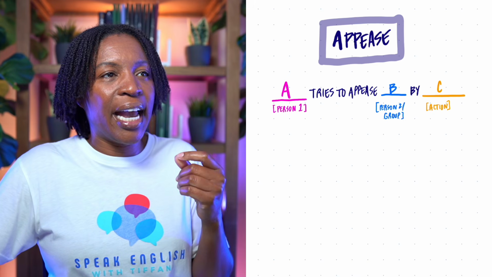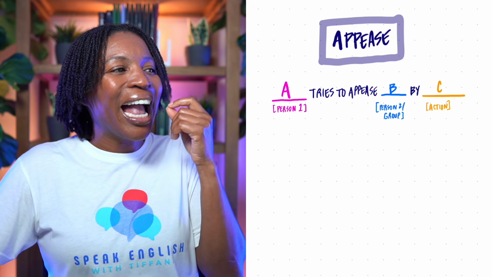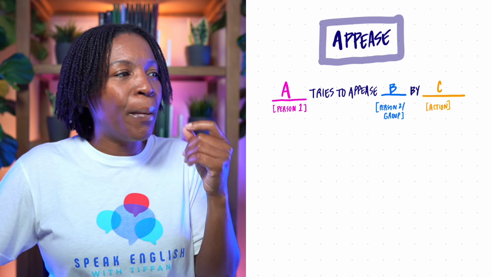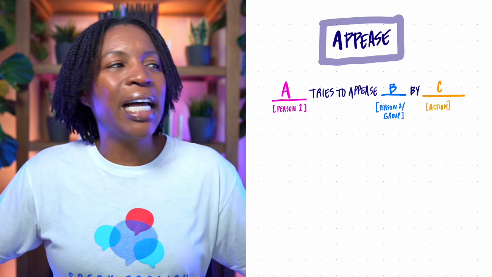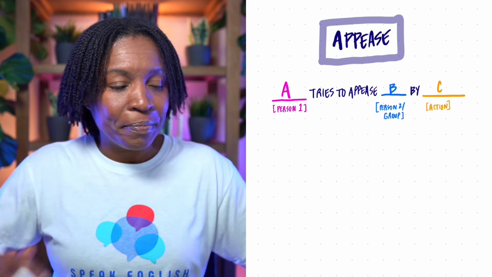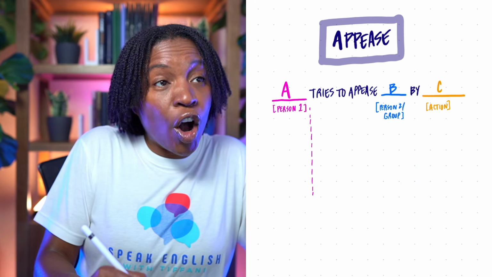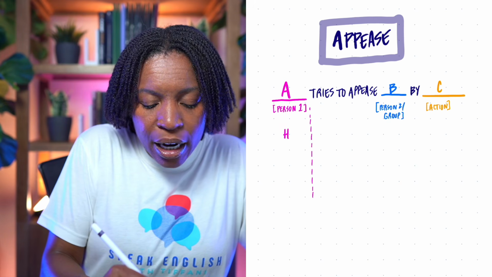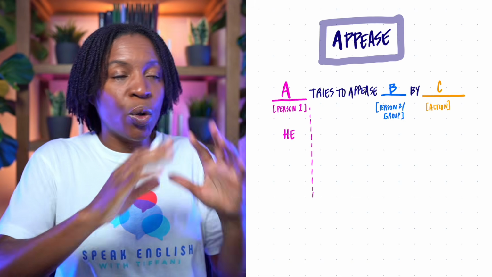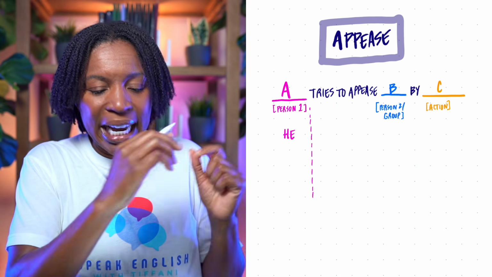Let's start again with letter A. All right, again, looking at appease. So for the first one, let's say he. Very simply, all right? So let's start off by writing he for our first example sentence. So letter A, person 1 is he.